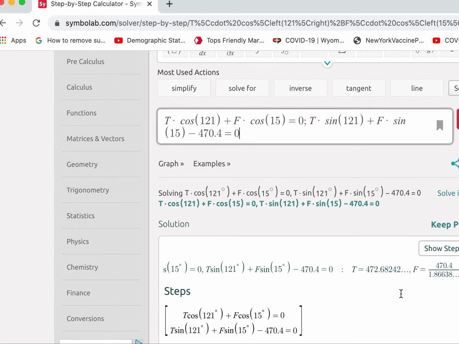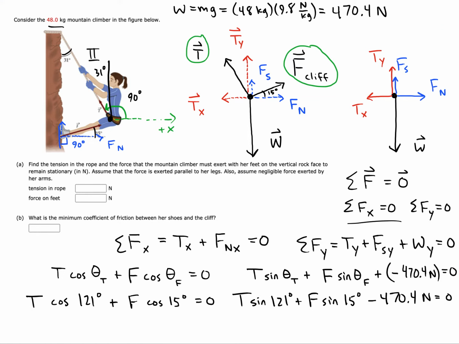Doesn't always give you a nice answer. Anyway, it gives you the T is 472.7. So we're looking at 473 newtons for the tension. And I'm just going to plug that into one of the formulas to find F quick here. Saying that the force on the feet would be 252 newtons.